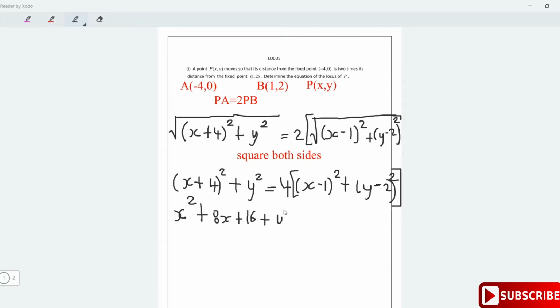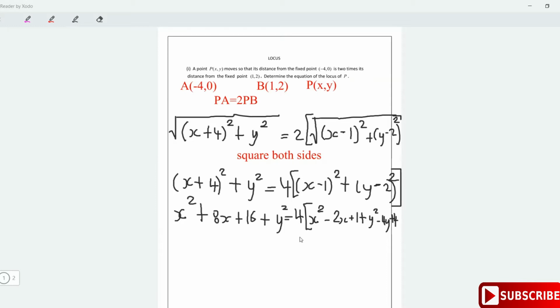And that is now equal to 4 times, in this bracket, expanding out this side, x squared minus 2x plus 1, and then expanding that part is plus y squared minus 4y plus 4. That is what we end up getting.